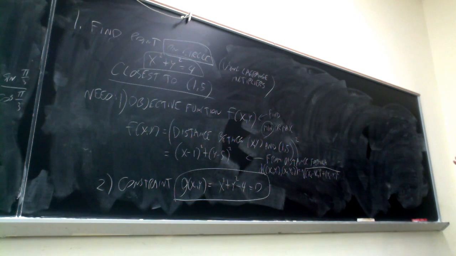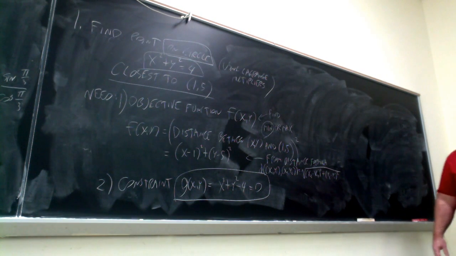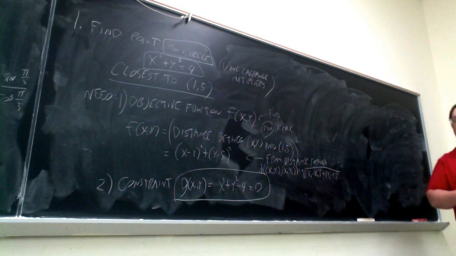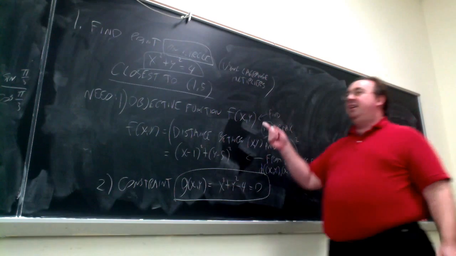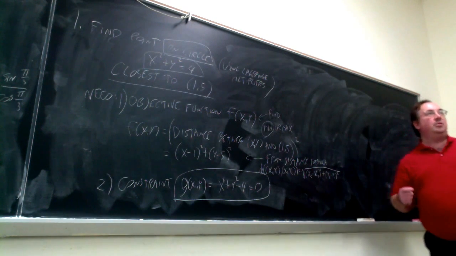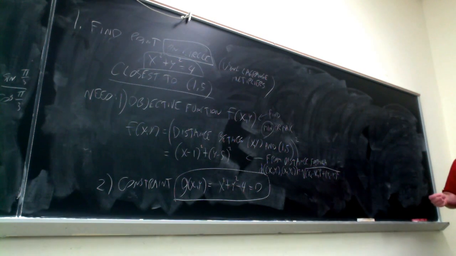So the information is there in the problem, whether it's given as a formula or in words. Are there any questions about getting these essentials? Now, for an unconstrained max or min, you'd only have this objective function, and you would take the gradient and set it equal to 0. With Lagrange multipliers, we don't do that.